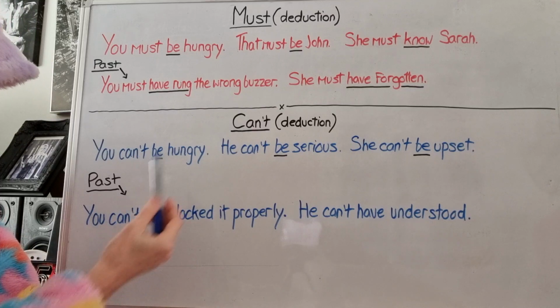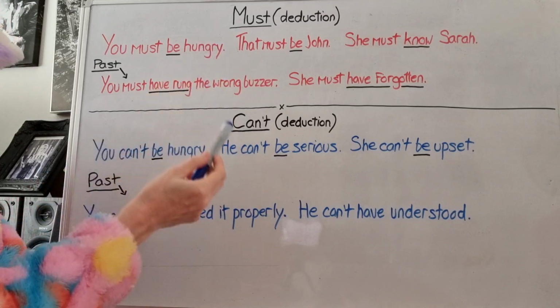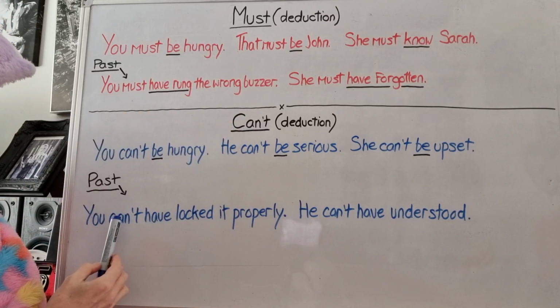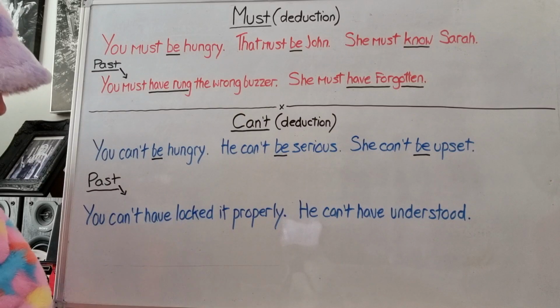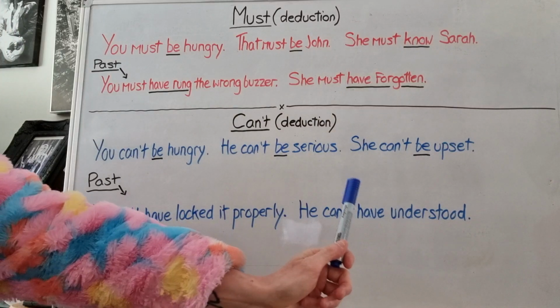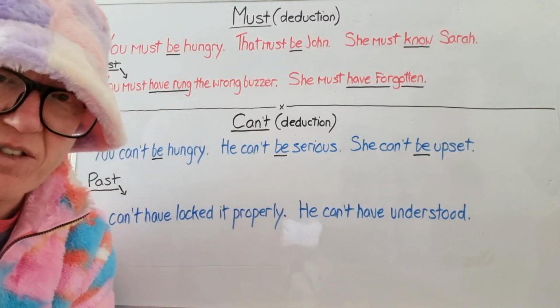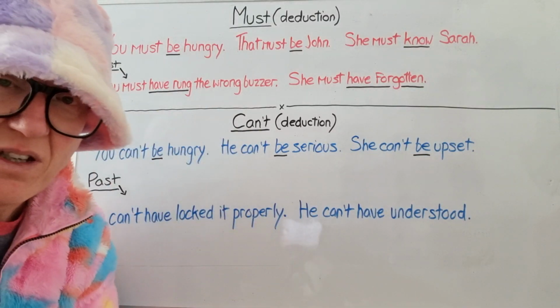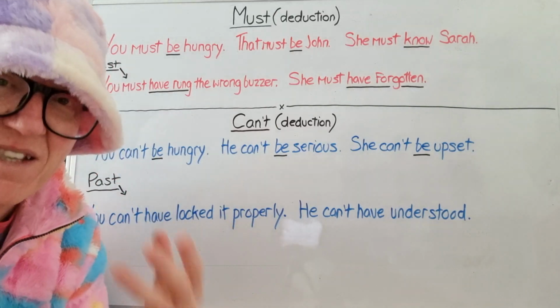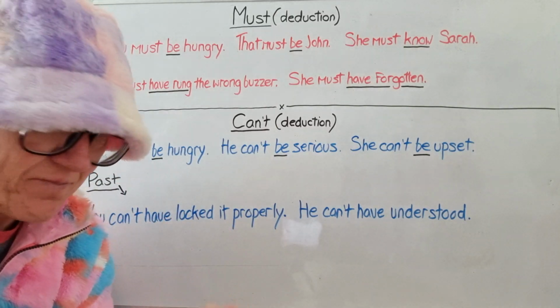Modal verb, in this case, obviously a negative of must, plus perfect infinitive plus past participle. You tell someone to do something and he goes off and does something completely different. And you say, what's he doing? Well, obviously, he can't have understood.